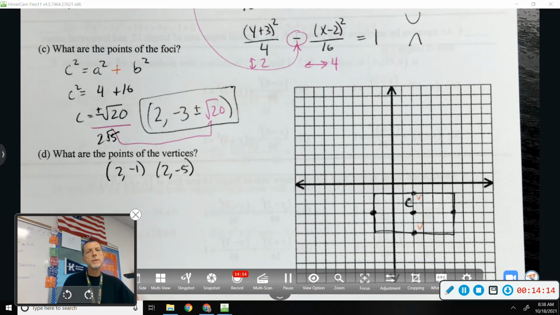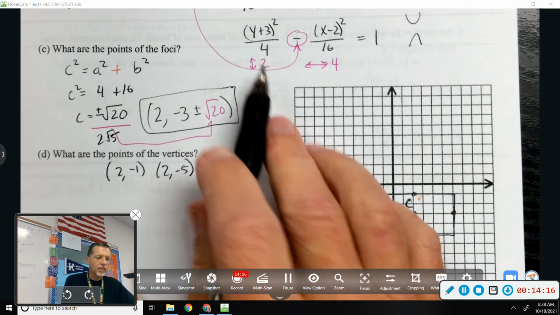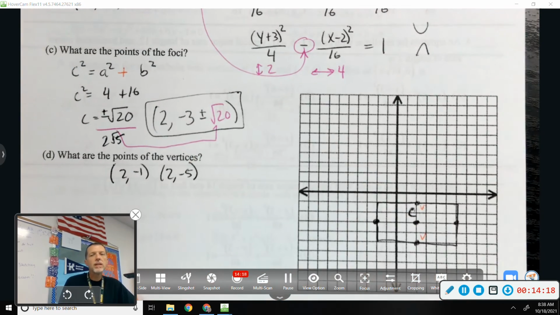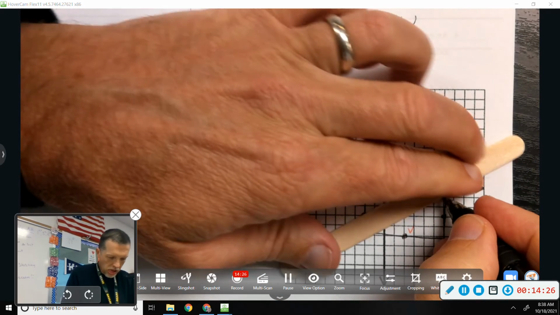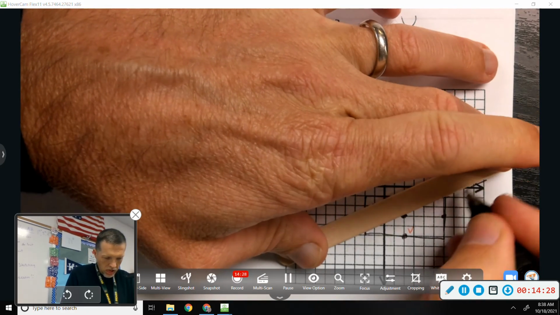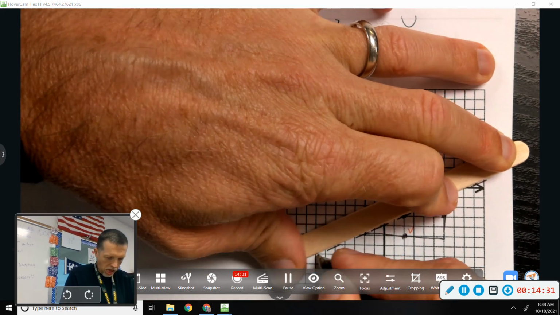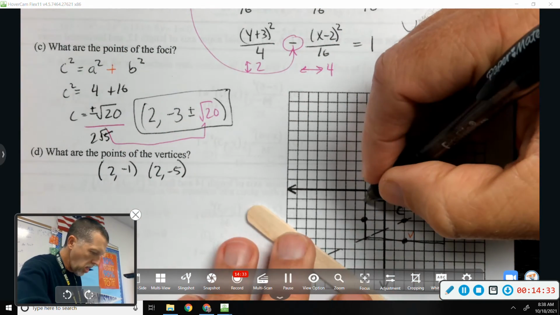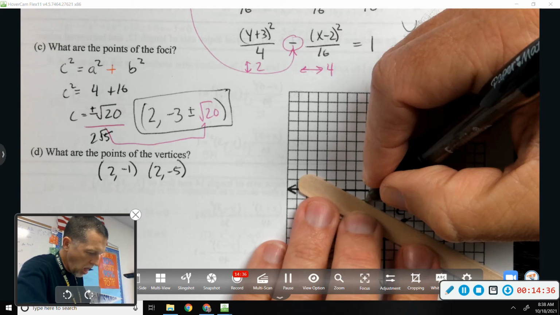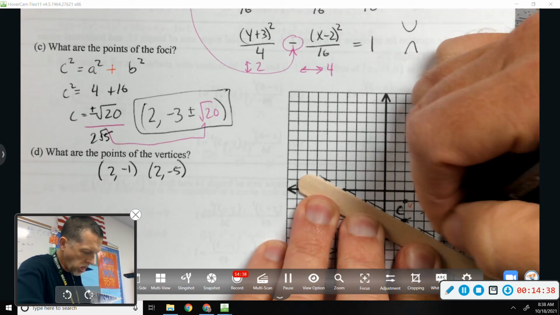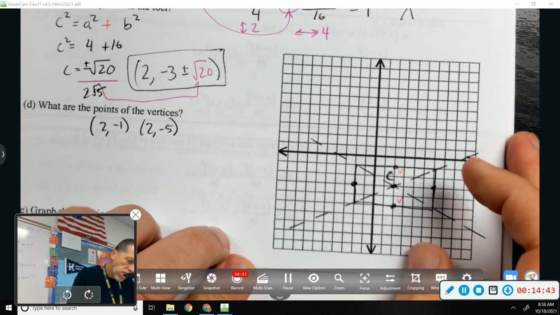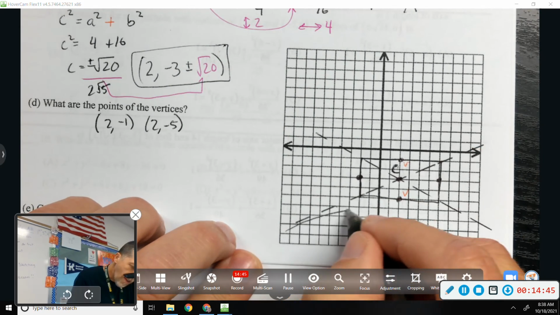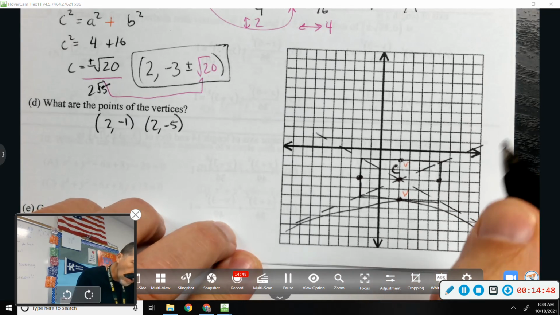Oh, you're square rooting it. Right, because that's a squared and b squared, and I need a and b for the graph. Very wide hyperbola.